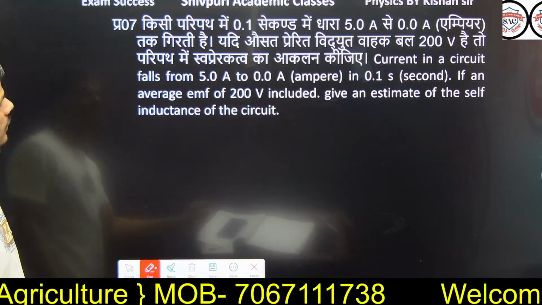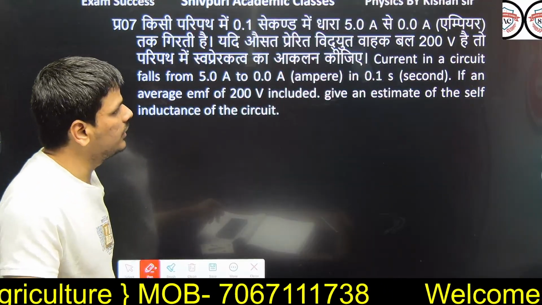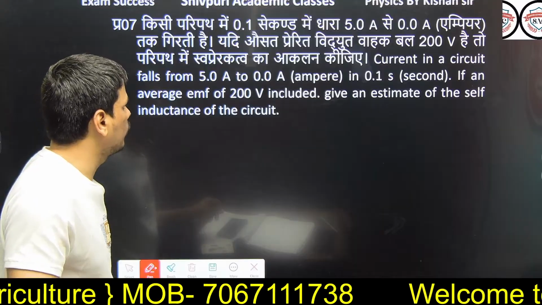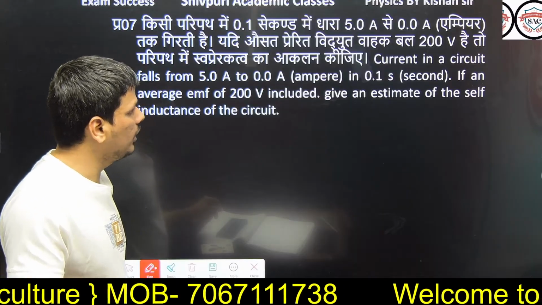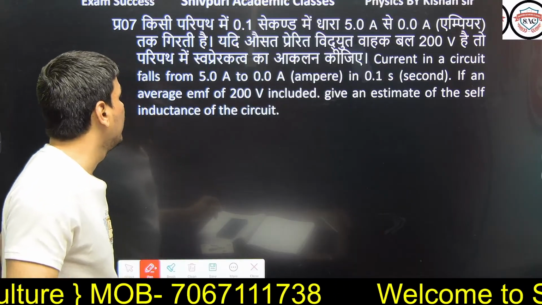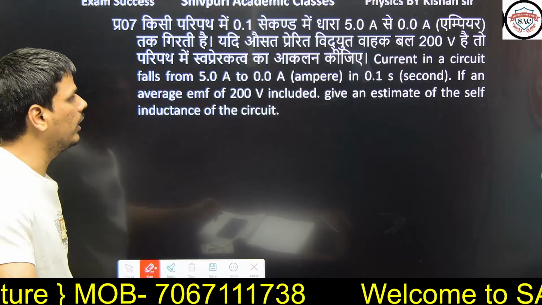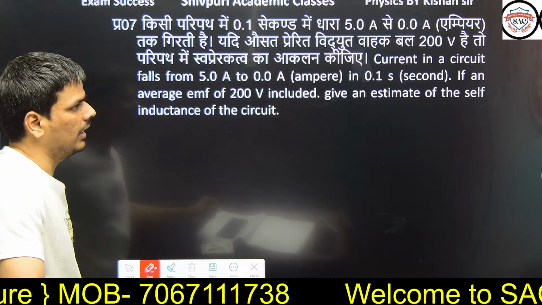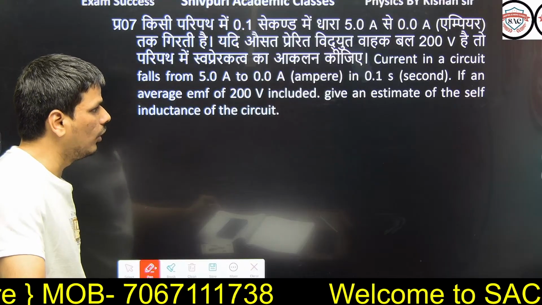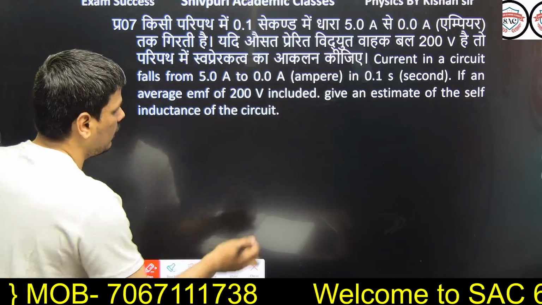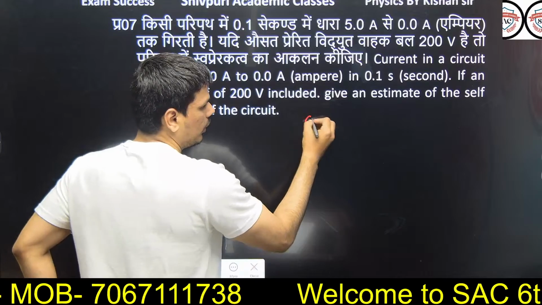Now here comes our first numerical, which says that a current in a circuit falls from 5 ampere to 0 ampere in 0.1 second. If an average EMF of 200 volt is induced, give an estimate of the self inductance of the circuit. So we are having to find the value of self inductance. What is self inductance?